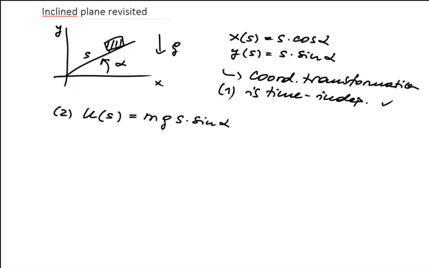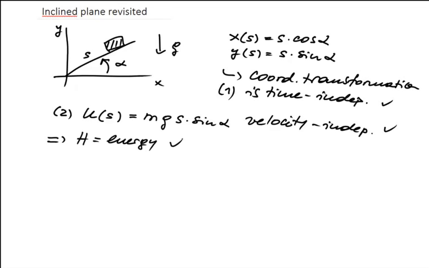It's given by mass times gravitational acceleration times the generalized coordinate s times the sine of the inclination angle. It does not depend on the velocity s dot. So the second prerequisite too is satisfied. Therefore, we can identify the Hamilton function with the total mechanical energy.